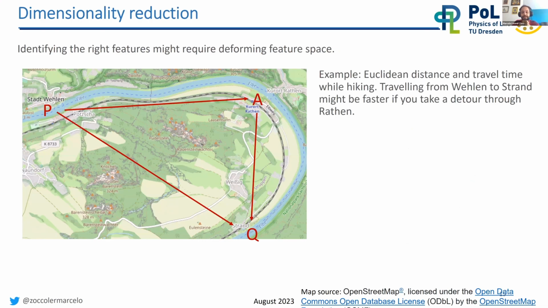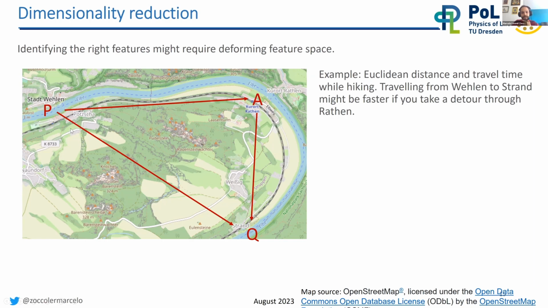So here's a small example just to get it in our heads first. This is from a region near Dresden. If you consider that you would like to go from this small village Wellen up to Strand, you could just consider the Euclidean distance.